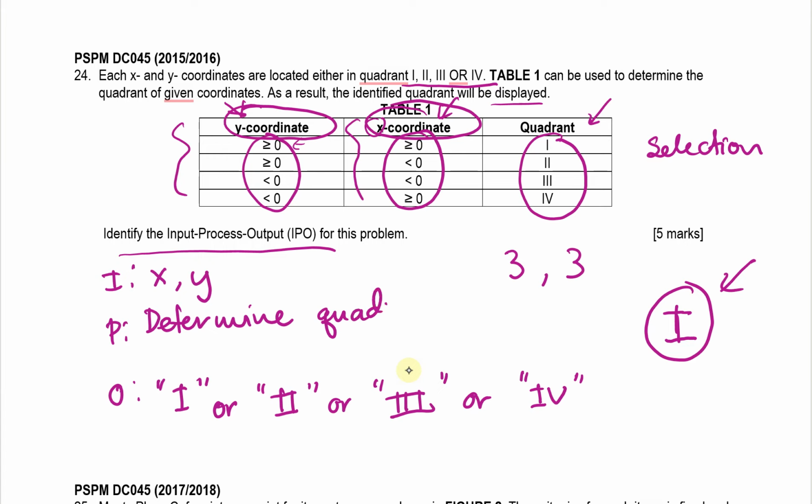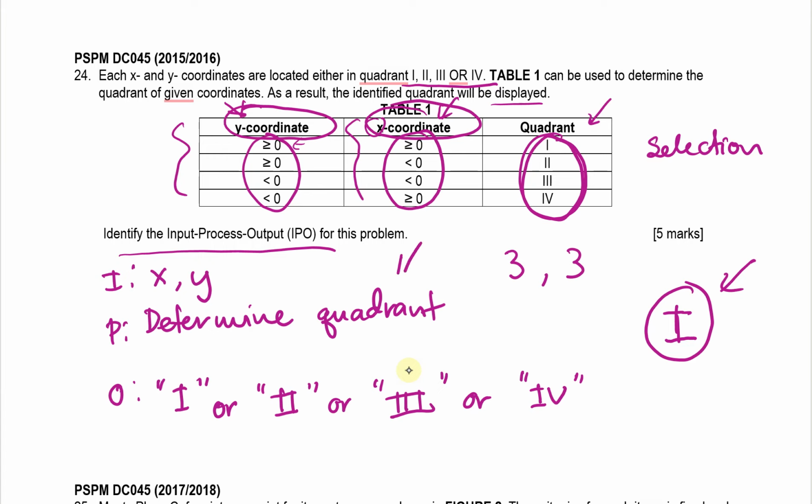Understood that in this question, quadrant here means that it is 1, 2, 3 or IV. If you want to write in full sentence, determine double quote 1 or 2 or 3 or IV based on x and y coordinate is also can.